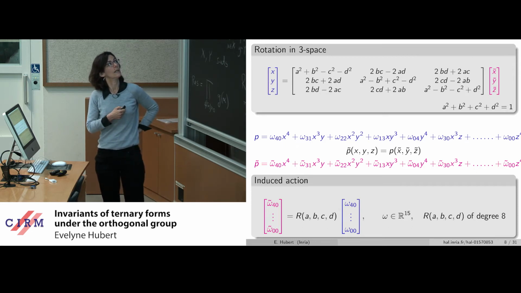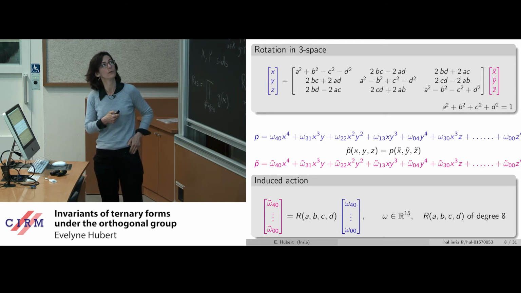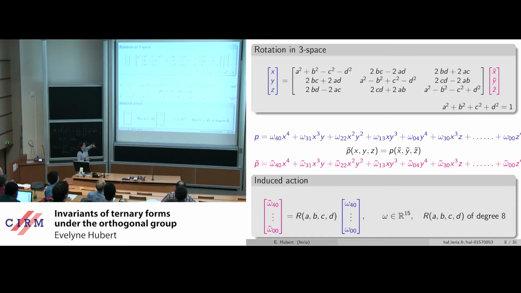So if at some point you have modeled the diffusion at one voxel by this polynomial, that is by these 15 coefficients here, if your image was rotated, then you would have obtained this other polynomial with these coefficients omega tilde.